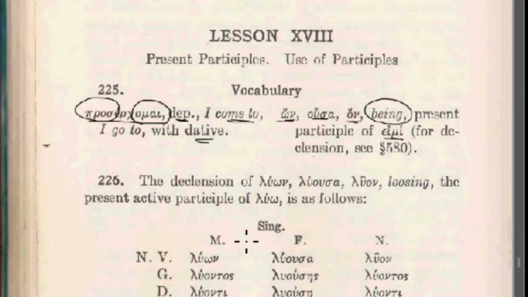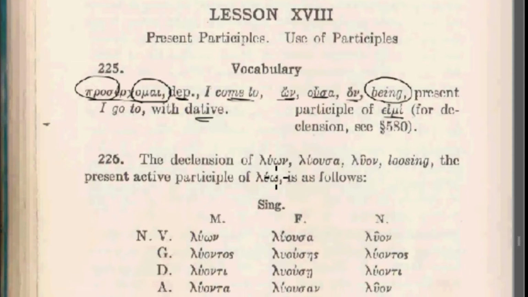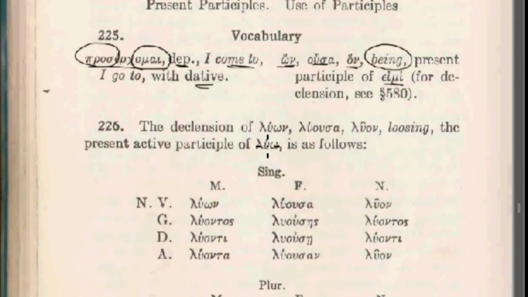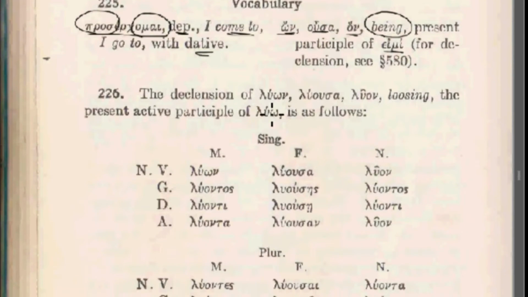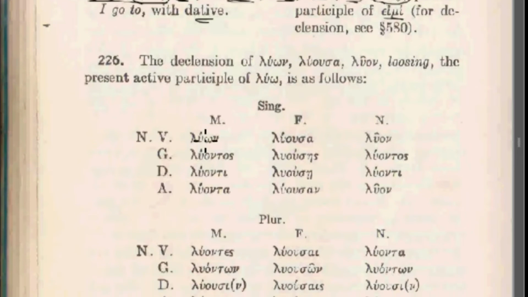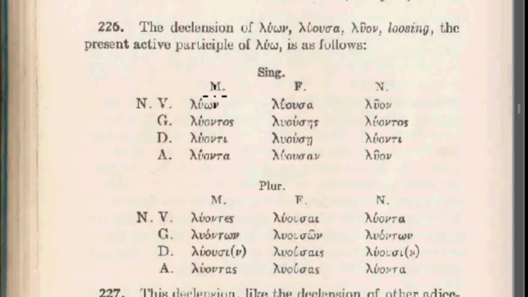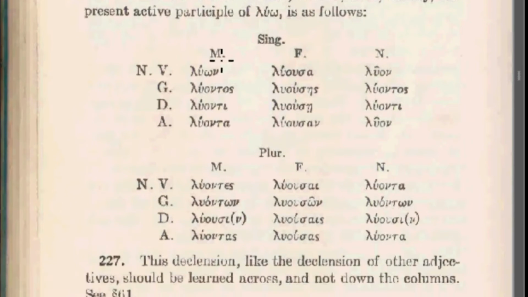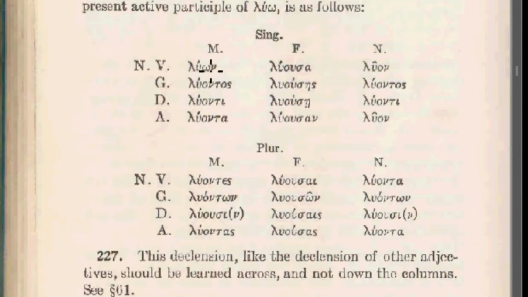Now, if you're looking at the first page of Machen's chapter 18, you see this somewhat daunting list of various forms of the word luo, and these all represent various ways in which you will find the participle of the word luo. The reason we have so many of these is because, of course, we have a word which has both a kind of noun aspect to it, but also a verb aspect to it.